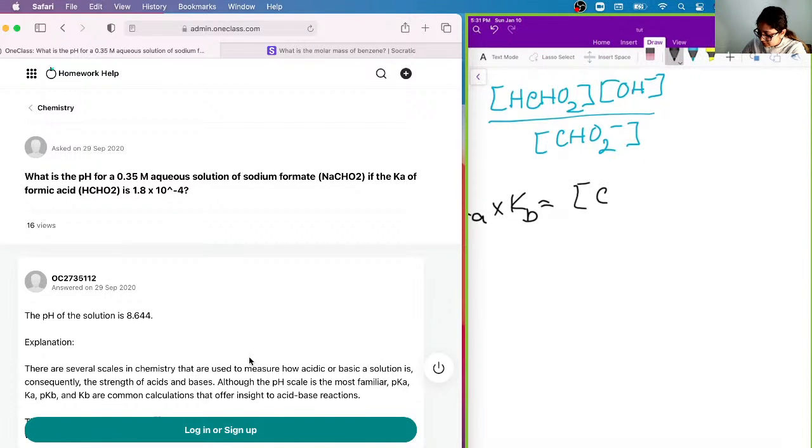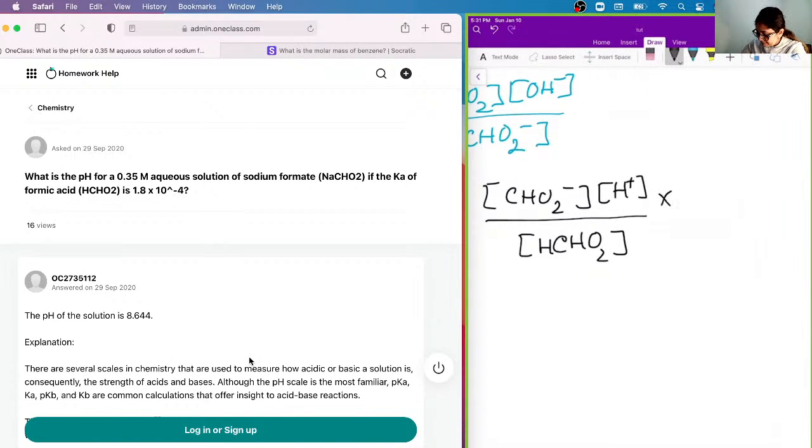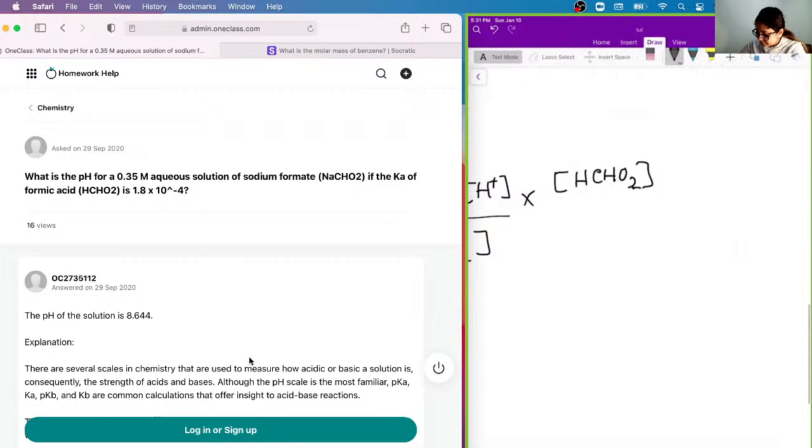From our Ka, if you recall, we have CHO2 negative times H plus, all over HCHO2. We're going to multiply this with our Kb: HCHO2 times OH minus, all over CHO2 negative.